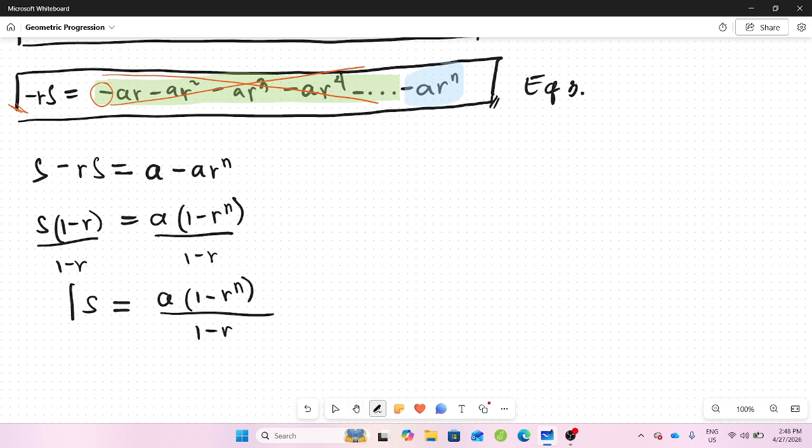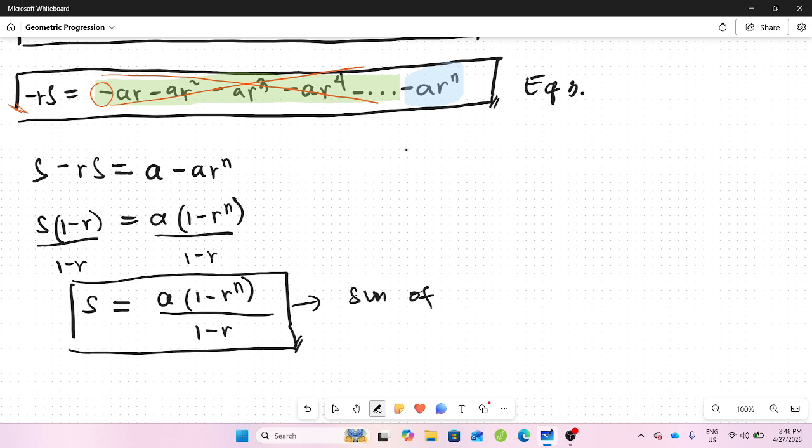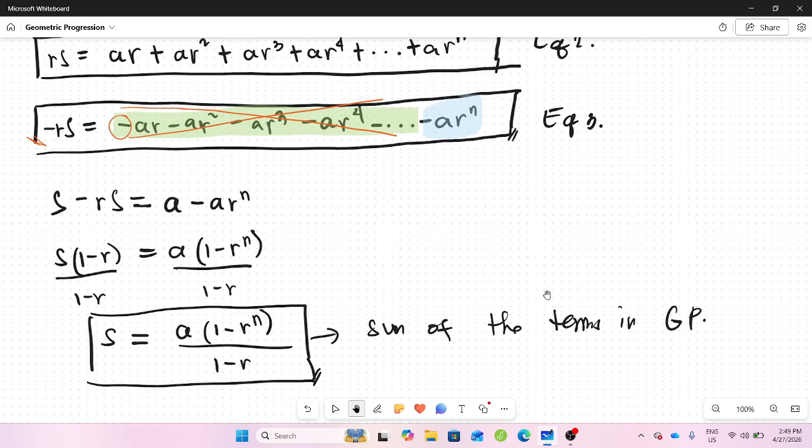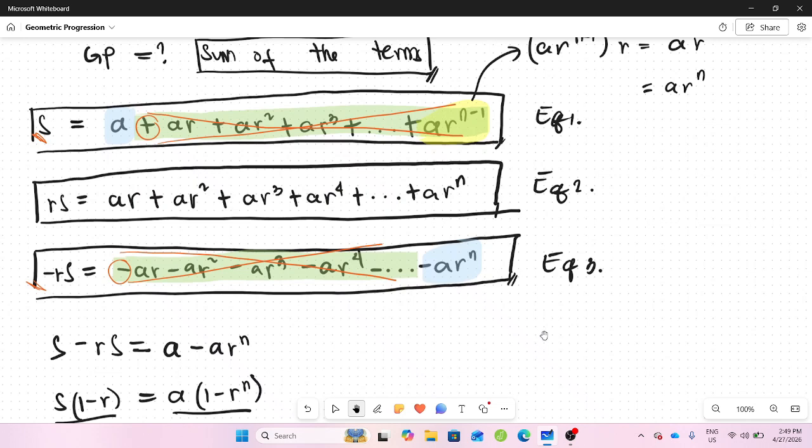And this is the equation for solving the sum of the terms in a geometric progression. So that's how we derive that one. This is a very clever way, a mathematical trick to solve for the sum. And I think this is very important, particularly if you are studying physics, because this would somehow surface.